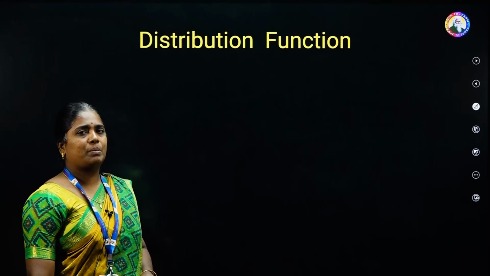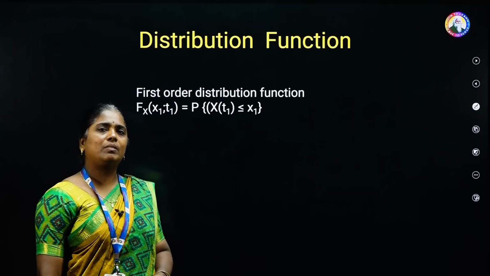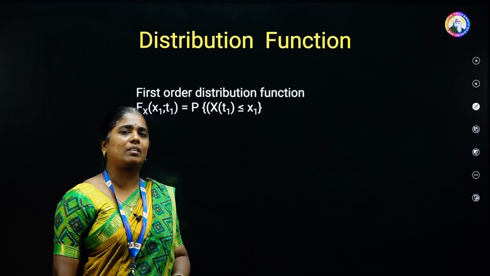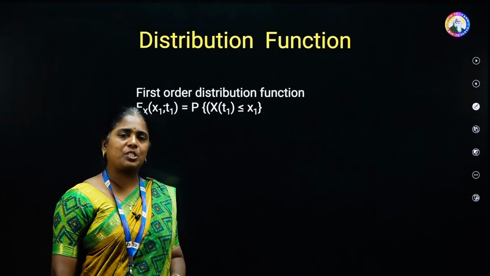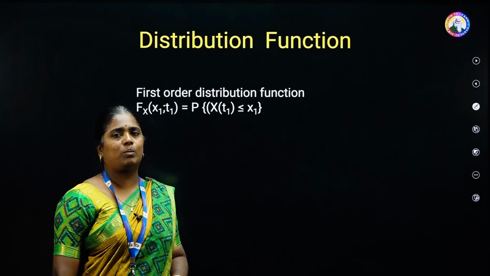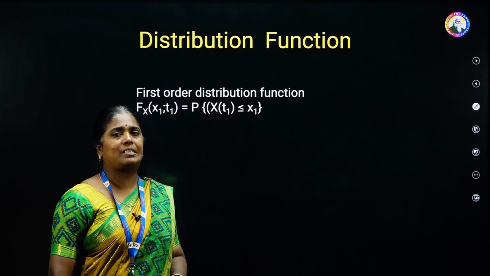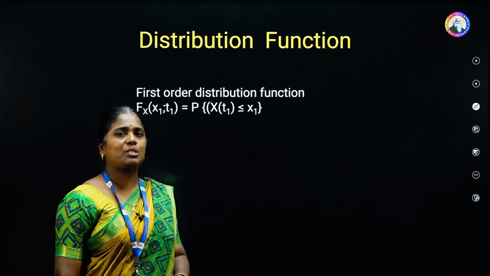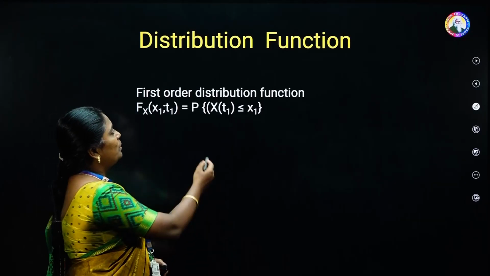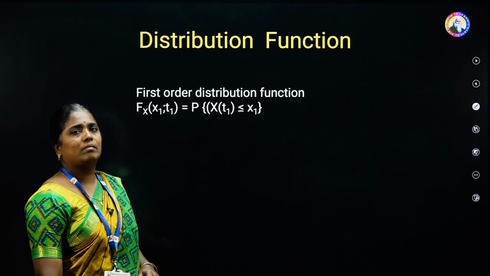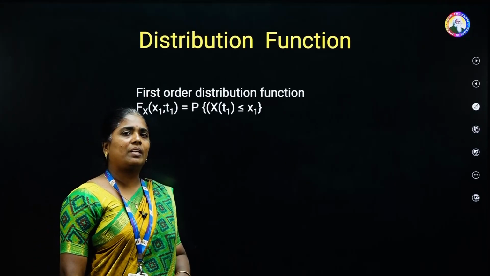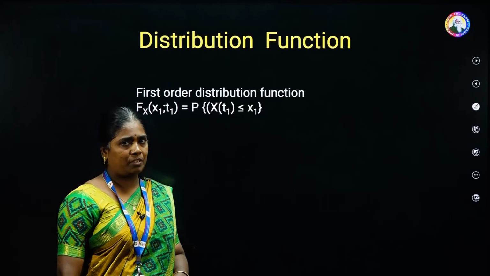What is meant by distribution function? Generally, to describe any random variable or random process, there are some functions known as the probability distribution function as well as the probability density function, shortly known as distribution and density functions. In that, the first one is the distribution function. Based on how many random processes we are using, we have different types of distribution function.